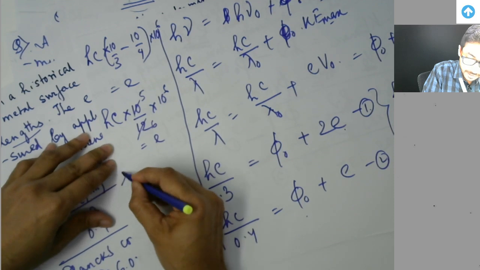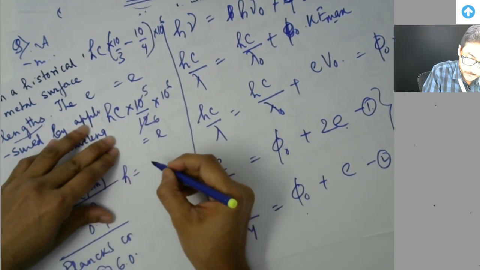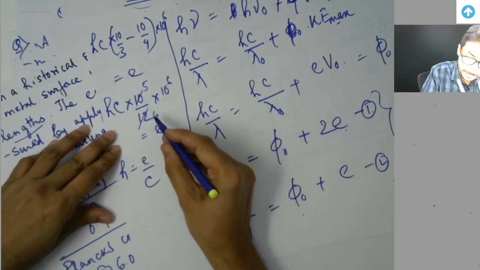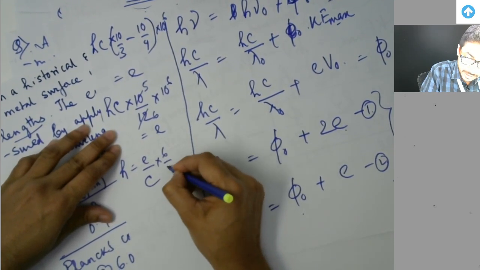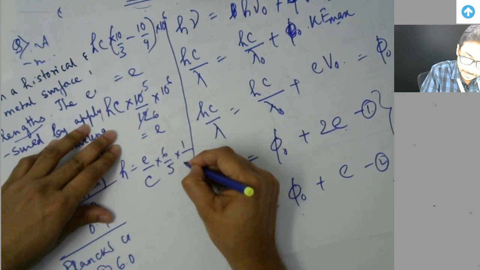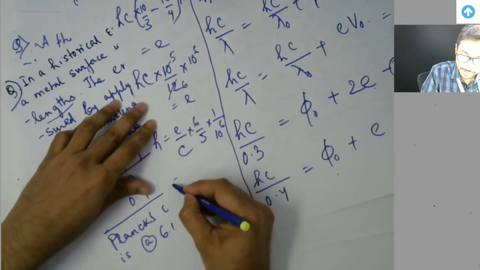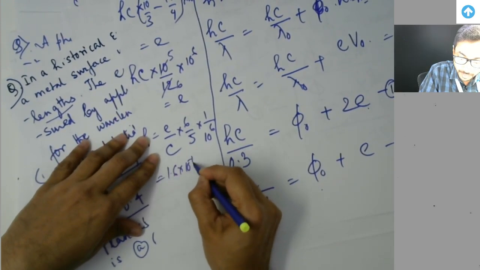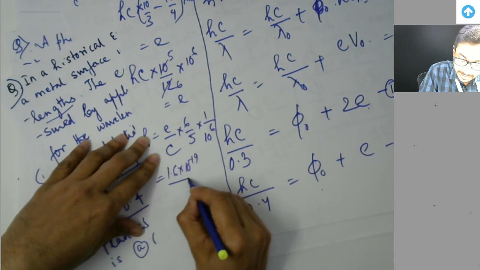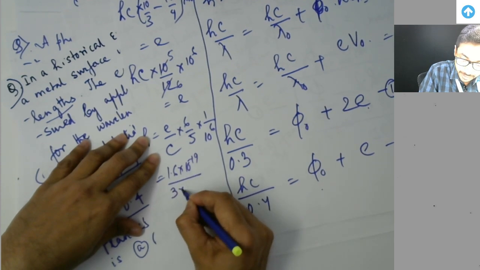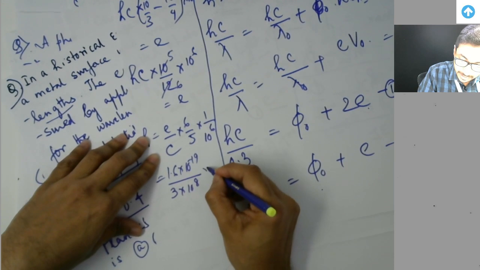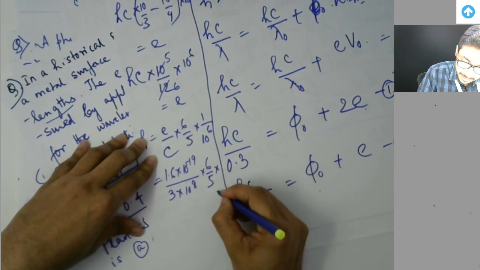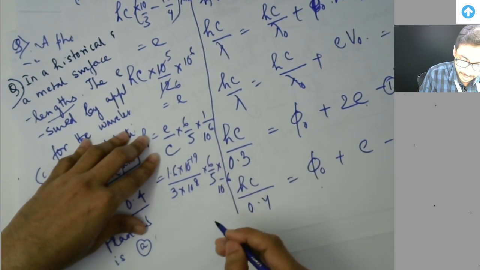Now this becomes 5 by 6. So h equals e by c into 6 by 5 into 10 to the power of minus 6. e is 1.6 into 10 to the power minus 19. c is 3 into 10 to the power of 8, into 6 by 5, multiplied by 10 to the power of minus 6.